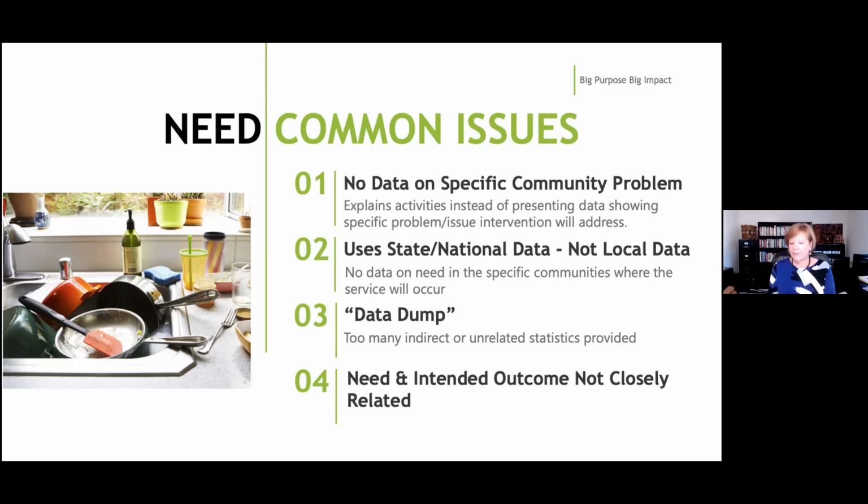Like if you're not doing anything with poverty reduction, spending a ton of valuable space on giving contextual data is not going to help you. If you're talking about working with kids after school, talk about what the issues are with what it is you're going to do with kids after school.